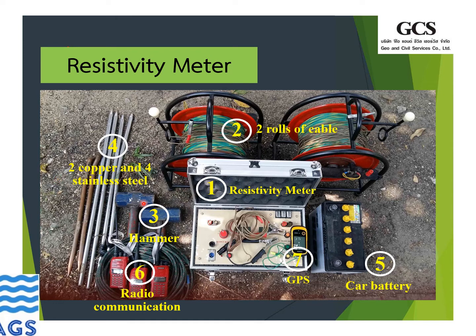The electrodes consist of 2 copper and 4 stainless steel, a set of vertical batteries for a power source, 3 radio communications, a geographic positioning system, and a survey record form for field data recording.